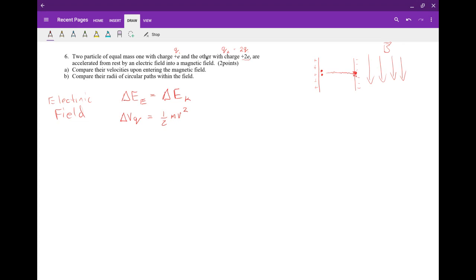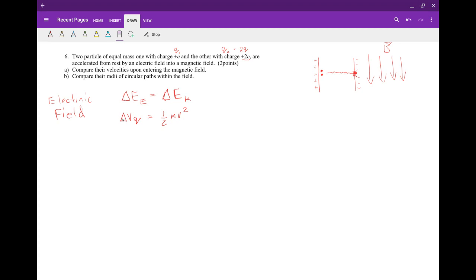Now it says that it's 2 particles of equal masses accelerated by an electric field, right? So we could put this in terms of the electric field, right? But in the end, remember that delta V over r is equal to the electric field, right? And so in the end, we have the same electric field, we have the same delta V. So I'm just going to go ahead and not even introduce the field.